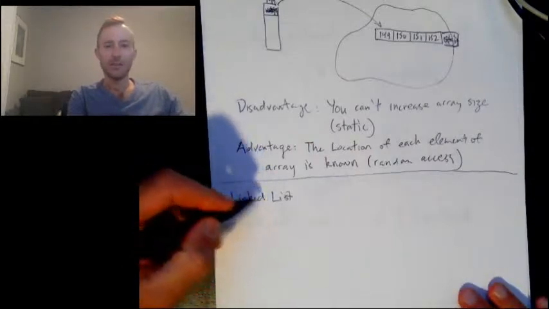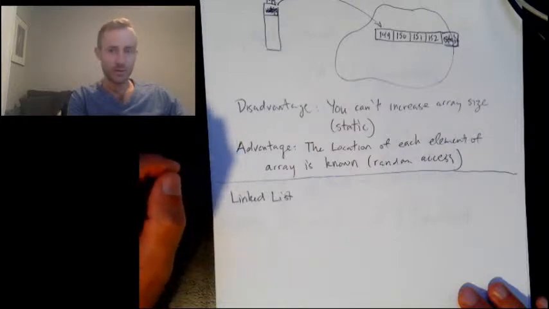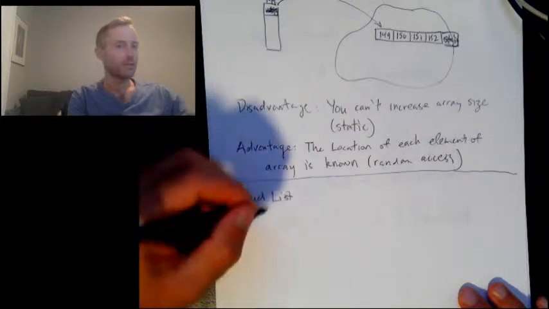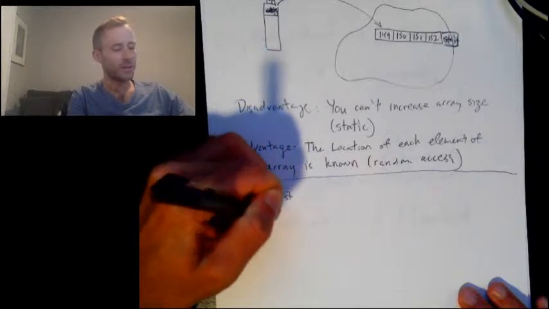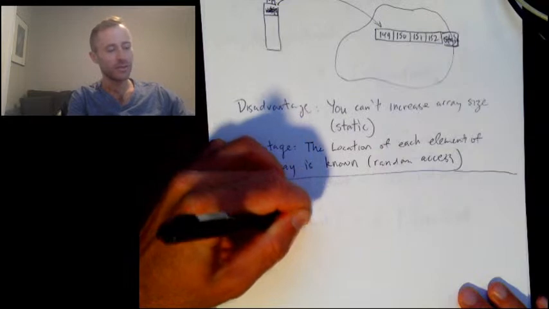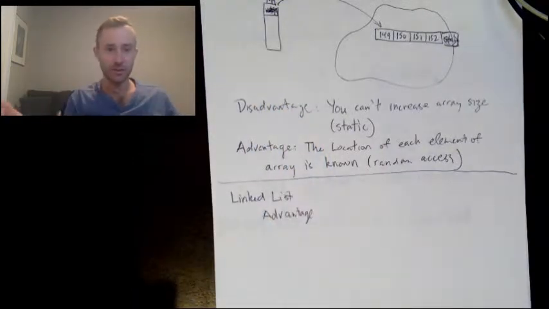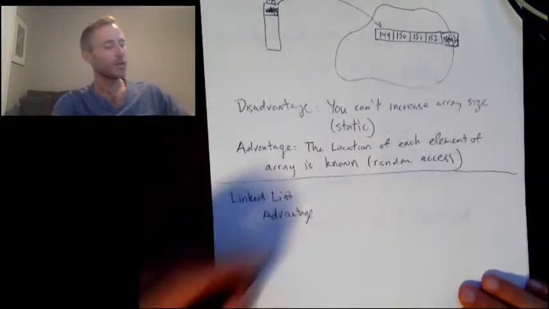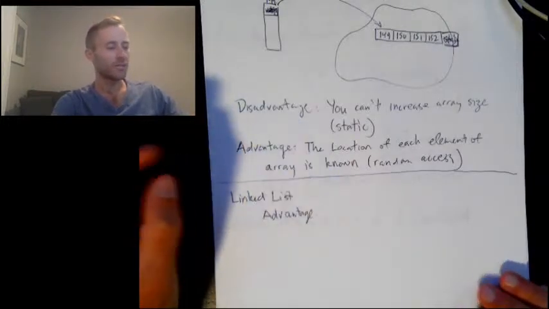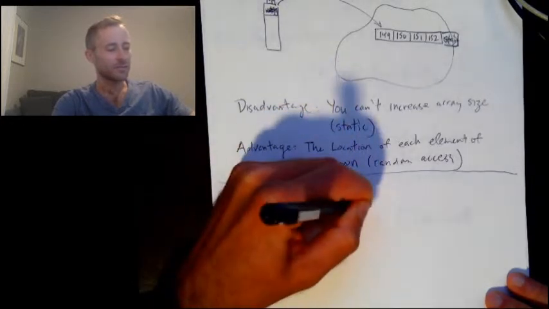Now, a linked list has the advantage, okay? So what is the advantage of a linked list? A linked list is just like an array. You can have a linked list of integers, for example. The advantage is the size is not fixed.